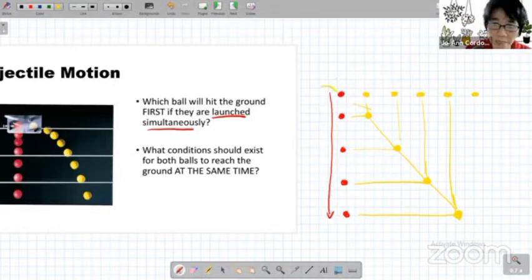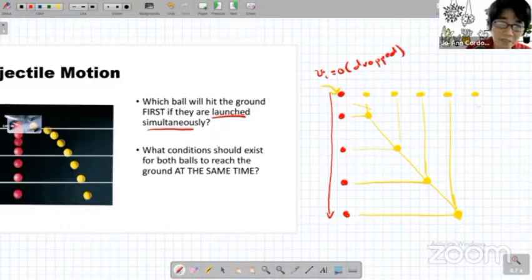Ang condition ay dapat yung red ball natin, ang velocity initial niya dapat 0. Ibig sabihin, dapat yung red ball natin drop. Now, si yellow ball, hindi pwede na si yellow ball, ang initial velocity niya ay 0, di ba? Kasi si yellow ball has to move forward as well as down.